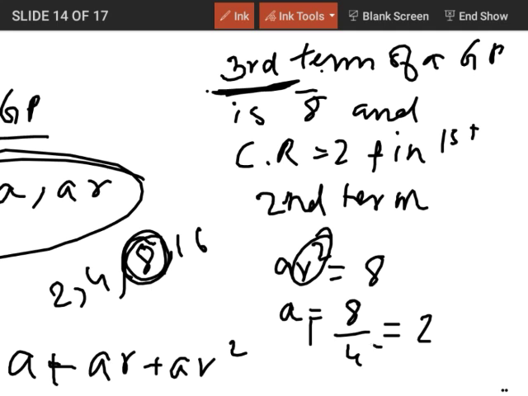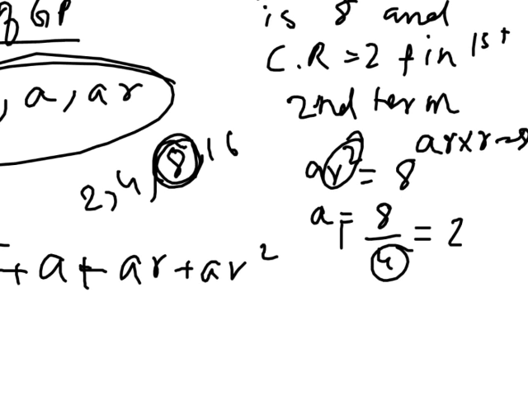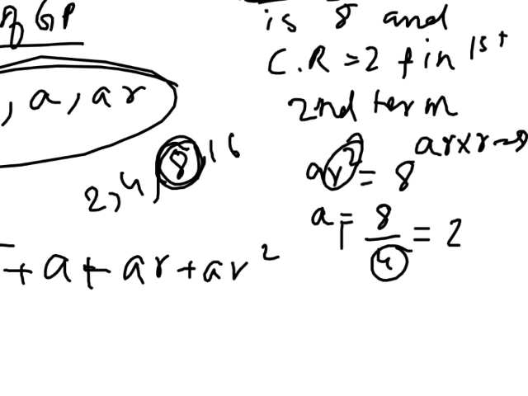Now see, to get the first term we are dividing it by r square. Okay, and if we want to get the second term, we can write ar multiplied by r is equal to 8. We have to divide it by r. Use this logic and generalize it. You will get why I am dividing it by r.